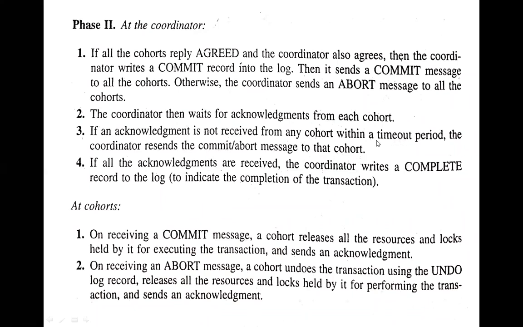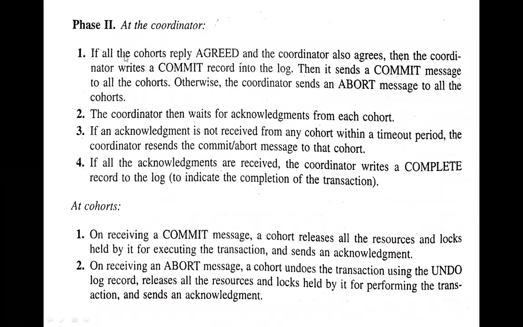So it waits for a particular time period for the acknowledgement, and if it is not received, it will resend the abort or commit message to the cohorts. And if all the acknowledgements are received, the coordinator writes a complete record to the log, which indicates that the transaction is complete.